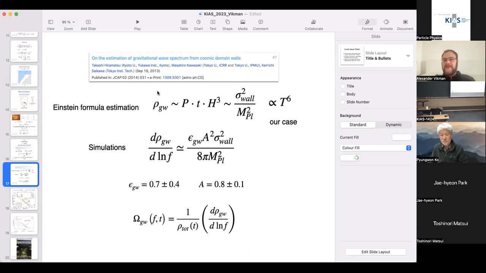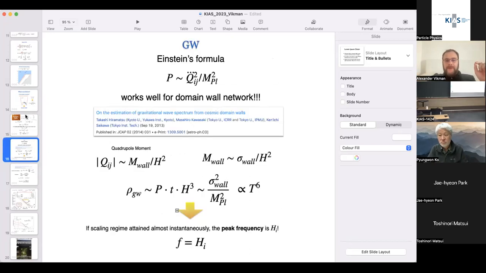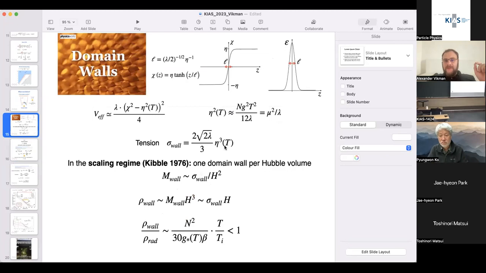In this setup, the domain walls have fixed eta, so fixed tension. Fixed eta is fixed sigma. And then the domain wall just disappears because you introduce a breaking, and basically it just goes away. But it's a bit different.